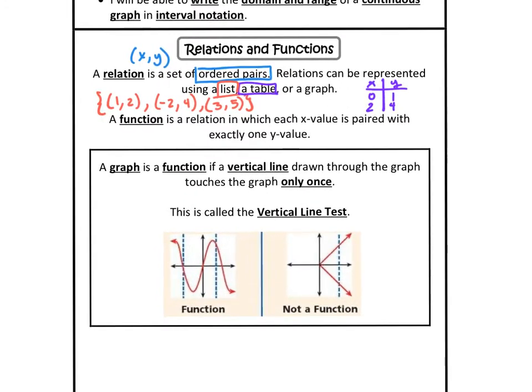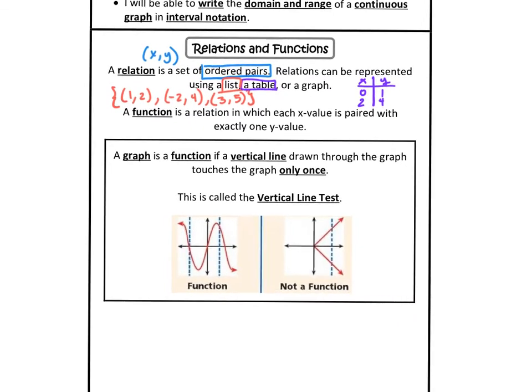So what we're going to look at today is mainly about graphs. What is one method to figure out if a graph is a function? There's something called the vertical line test. It might be familiar from Algebra 1, but we're going to go over it again here. If you do remember, great. If you don't, you can just follow along.